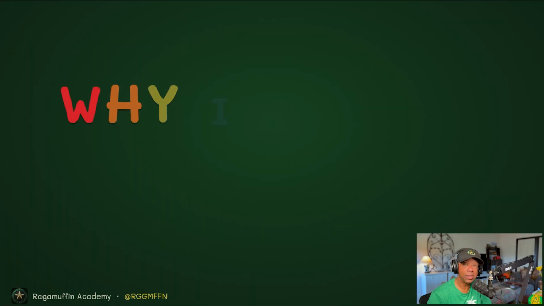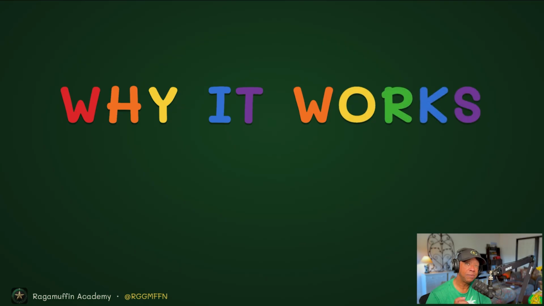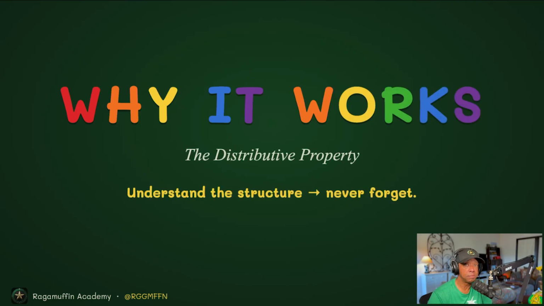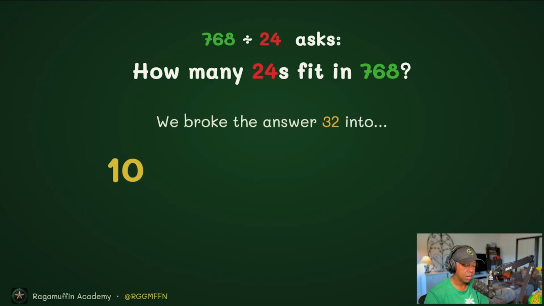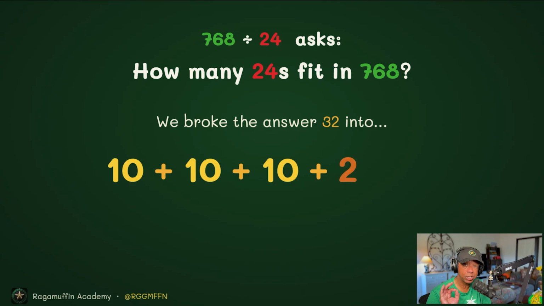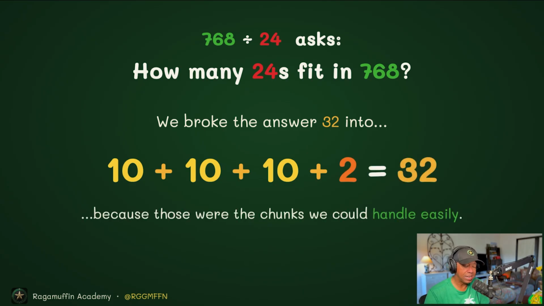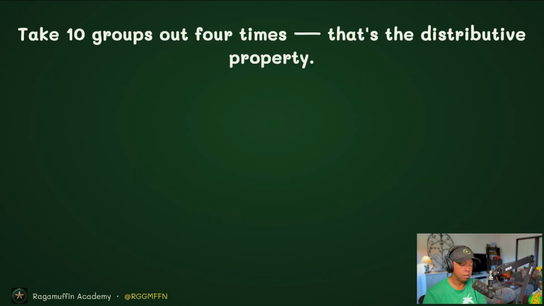Let me show you why this works conceptually, because if you understand the structure, then you'll never forget how to do this. 768 divided by 24 is asking how many 24s are in 768. The distributive property, the same one we used for multiplication, works for division too. We broke 32 groups into 10 plus 10 plus 10 plus 2 because those were the chunks we could handle easily.